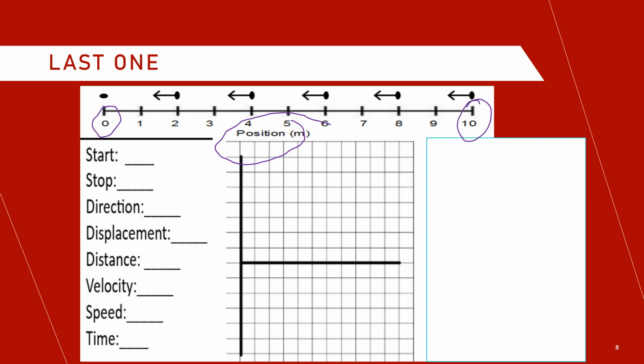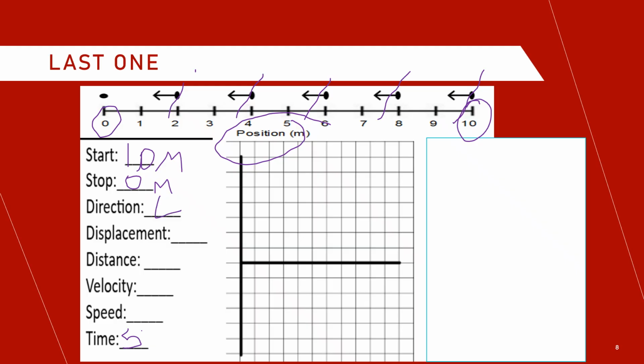So we are going backwards, and we have a total of 1, 2, 3, 4, 5 seconds. So right away we can write our 5 seconds. Also write our starting point to be 10 meters. Our ending point is 0 meters. Our direction is backwards or to the left.